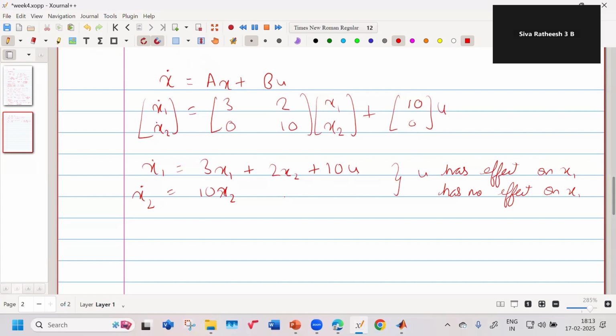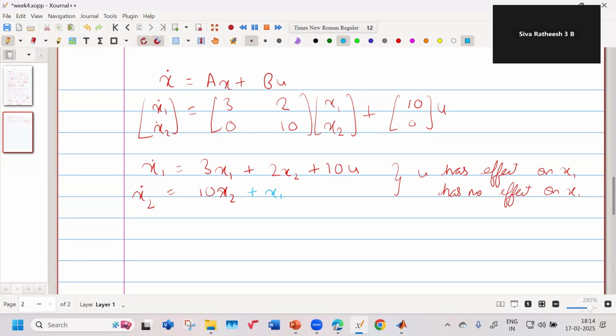Just in case, let me give a fictitious scenario. Just assume, let me write in a different color, that it was 10x2 plus x1. Then it would be controllable, because x1 dot is controlled by u and x2 dot is in turn controlled by x1.